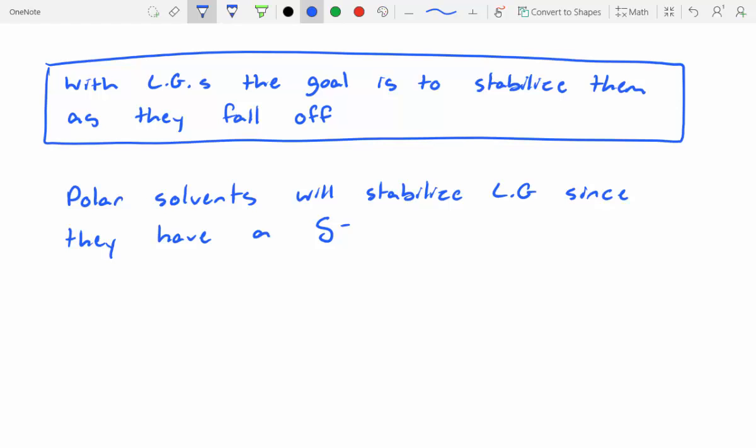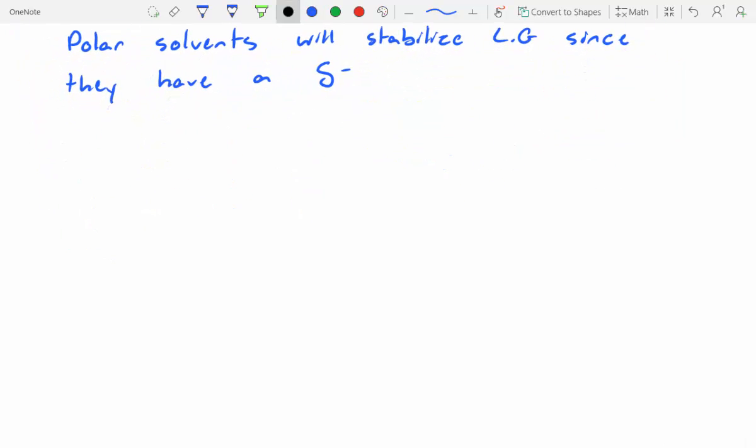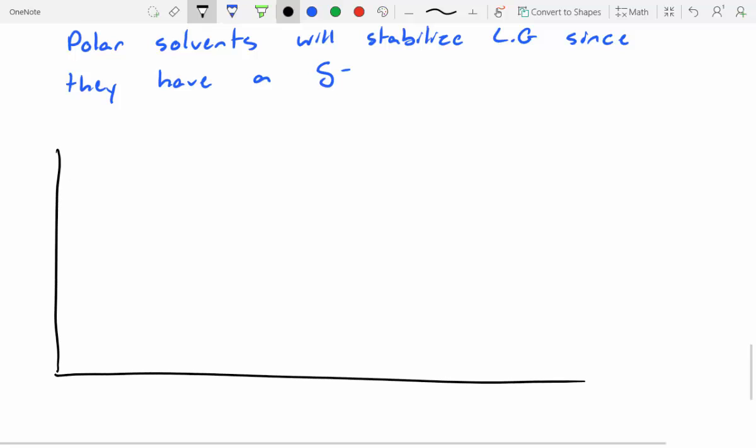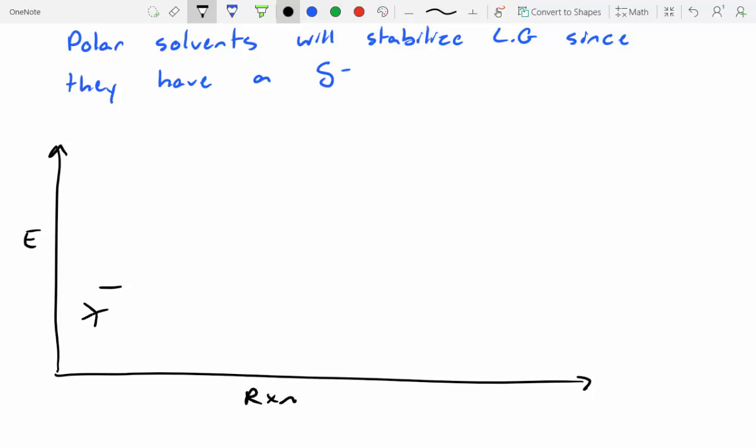So let's take a look at an SN1 reaction coordinate diagram. I've got energy and I've got my reaction. And let's just do our classic example of my generic leaving group. And then we want to go to our product where we now have a nucleophile that's attacked on.